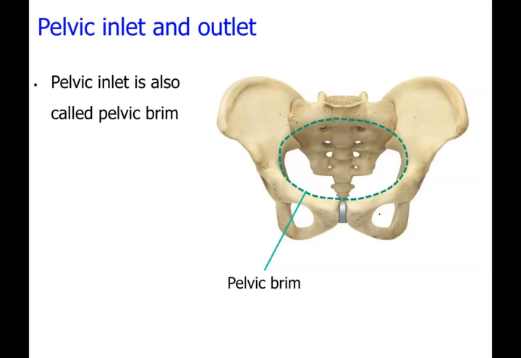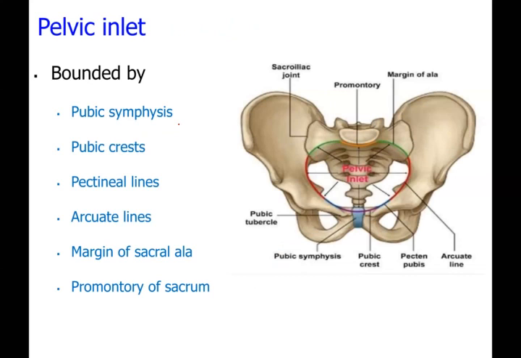Then about the pelvic inlet and pelvic outlet. So pelvic inlet is also called pelvic brim. Okay, pelvic brim, and these are the ones that contribute to form the pelvic brim. It is symphysis pubis in front. Then the pubic crest is there, just lateral to the symphysis pubis.